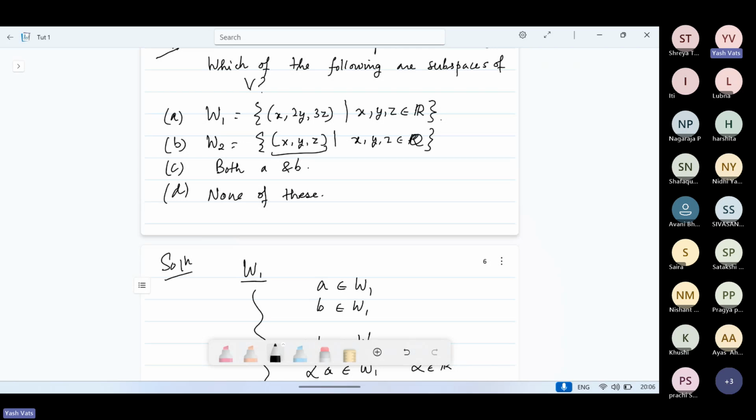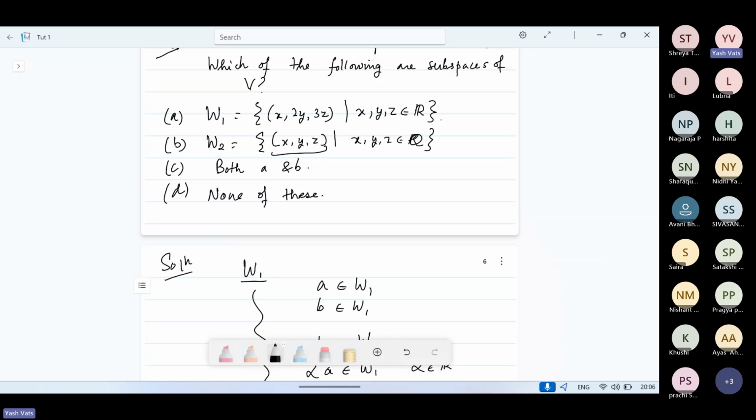That's clear. But the next thing is, if you multiply any element of W2 by a real number, does it land in W2? That is the question I need an answer to from your side. It may or may not.